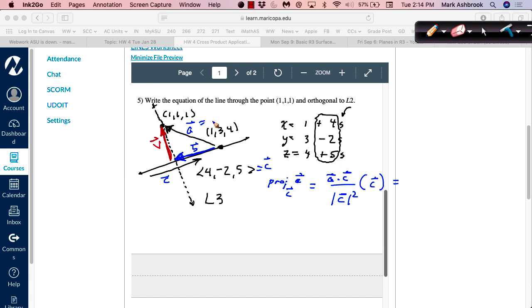A is 0, -2, -3. So A dot C is 0 plus 4 plus -15, over C squared, or the magnitude of C, so that's 16, 20, is that 45? Check my math.